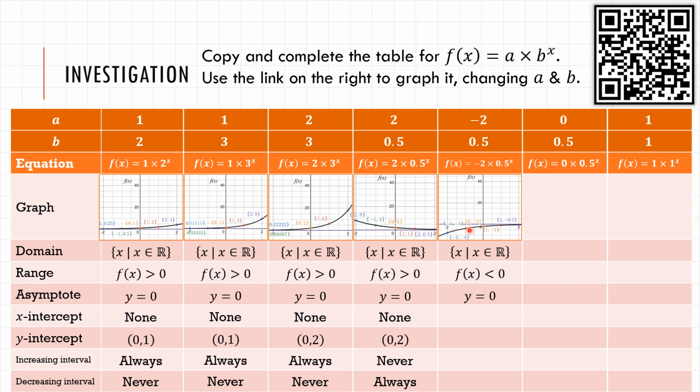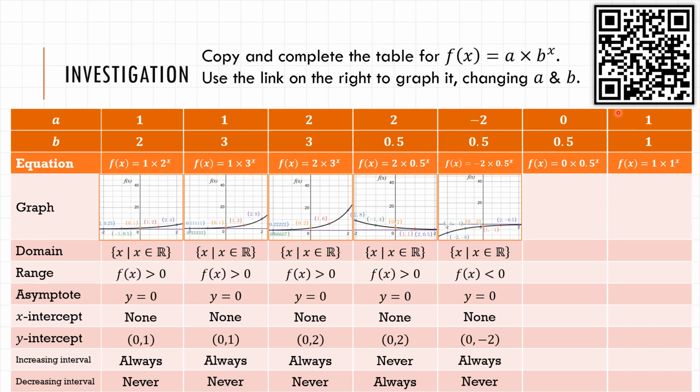Notice that the function is getting closer and closer to the x-axis still, but never actually going to touch it. There's still no x-intercept, and the y-intercept now is actually 0, -2. Because it's upside down, it used to be at +2, now it's at -2. And now it went right back to increasing and never decreasing.